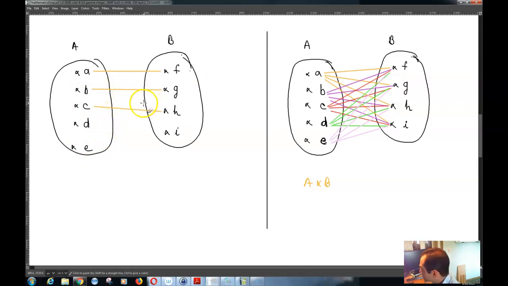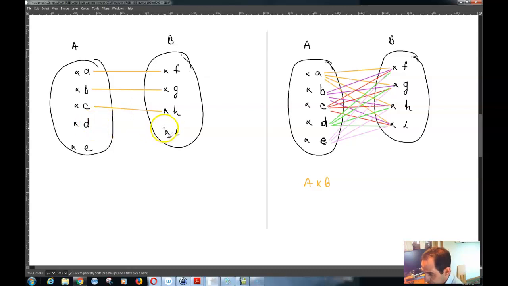Now, the definition number 3 that we had was that the set of all first elements of the ordered pairs in a relation R from a set A to a set B is called the domain of the relation R. So what that means is that, for example, suppose that you have this situation over here.